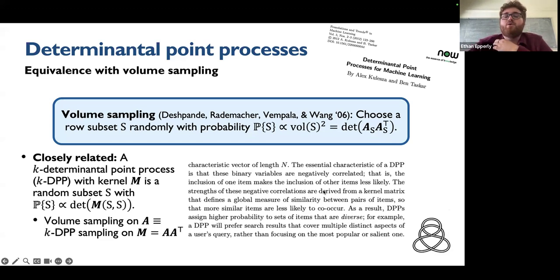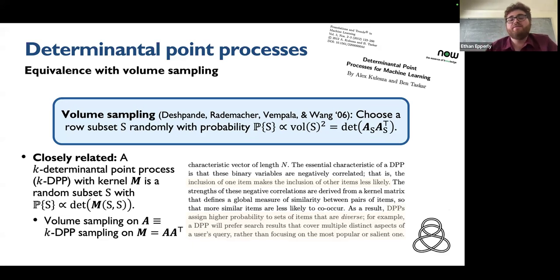And I've collected a quote here, which I think really speaks to why determinantal point processes and, by extension, volume sampling are valuable for subset selection problems in machine learning. They write, "The essential character of a DPP is that these binary variables, that is, the probability that any individual element is contained or not contained within the subset, are negatively correlated. That is, the inclusion of one item makes the inclusion of other items less likely.